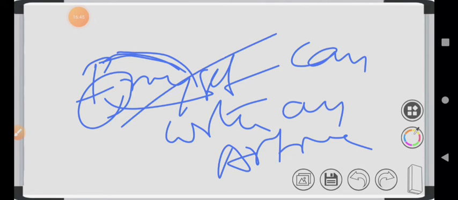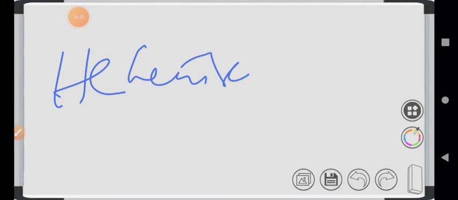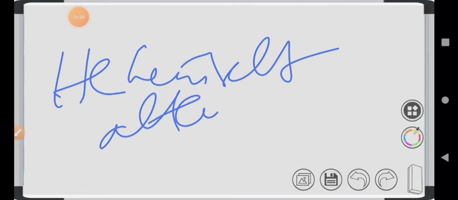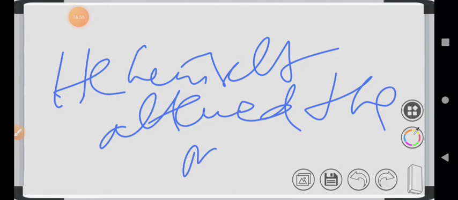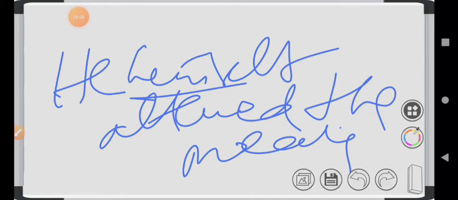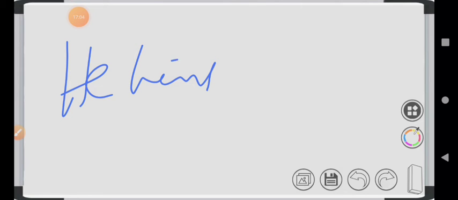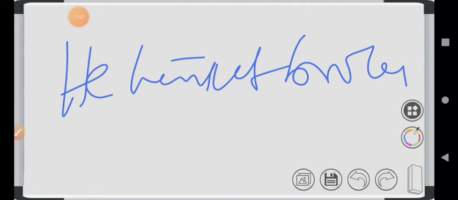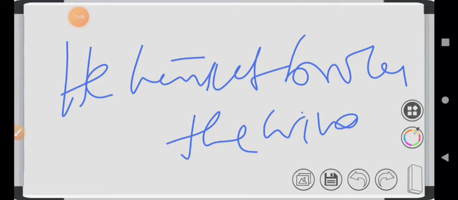This is an emphatic pronoun. For example, he himself attended the meeting. No one can force him. He himself broke the window pane.